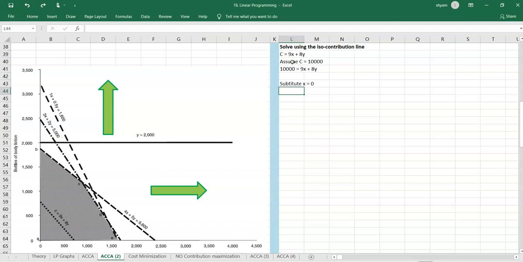Substitute x as 0. So we got this answer. So we'll find out y. y is 1250. So that is one coordinate point. As we get a coordinate point, we have to draw it also.